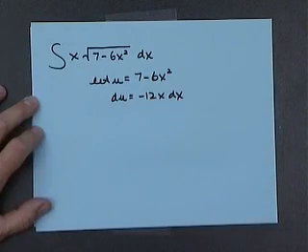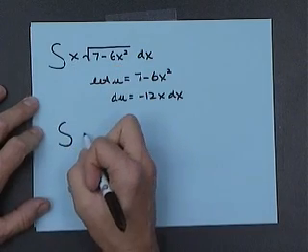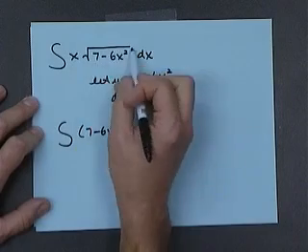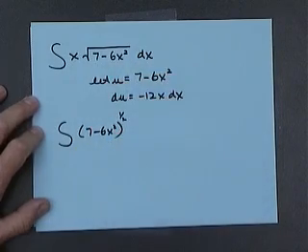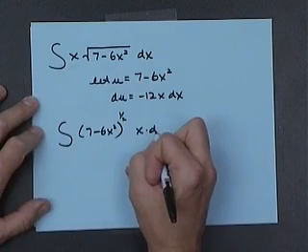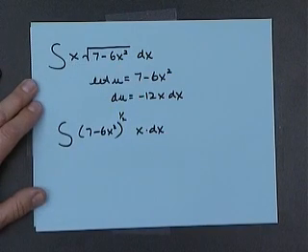That's the square root, so I'm just going to call that to the 1/2. And then this x that's here, I'm just going to move it down to the right, just because that's where I want to deal with it anyway.